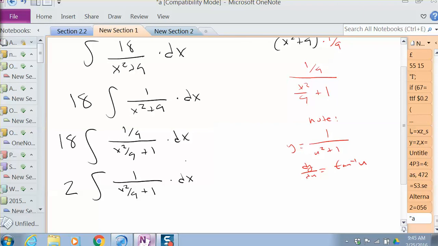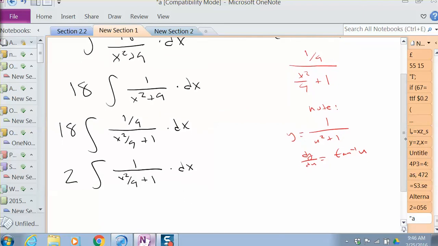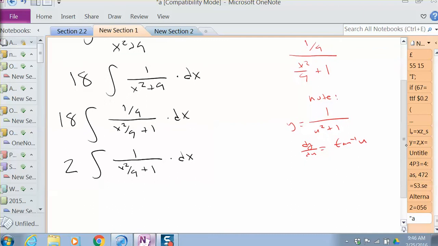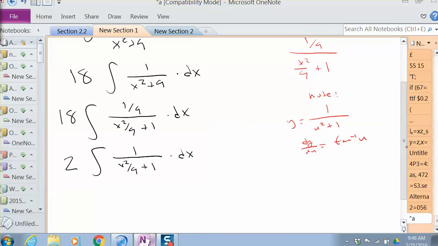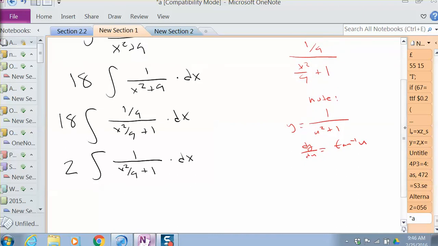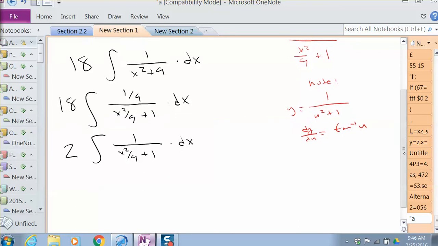So now in this case, hold on a sec. Just hope I didn't confuse myself here. Yeah, now I'm good. I just got a little bit confused, but now I'm good.